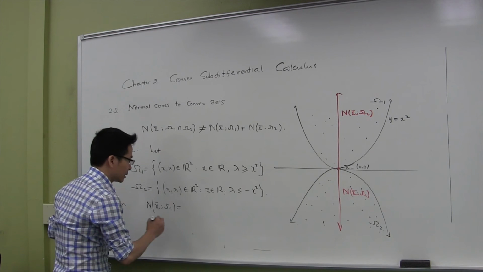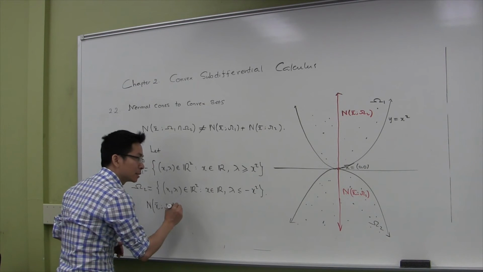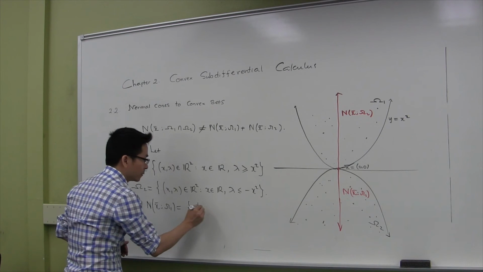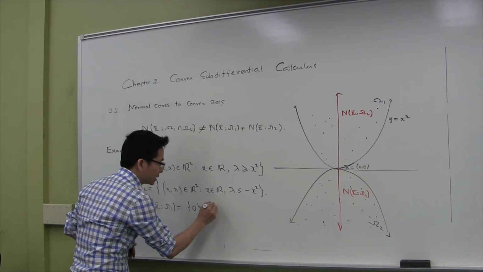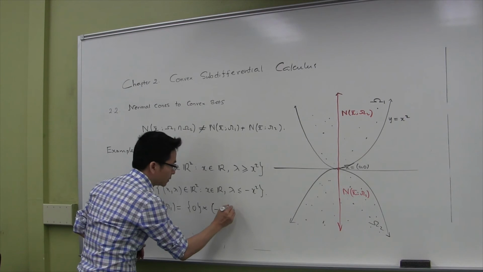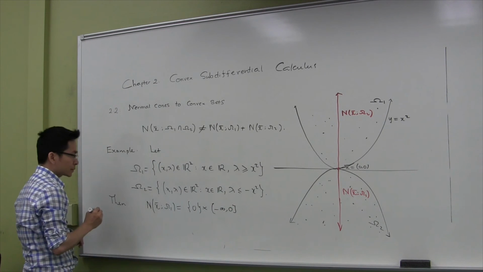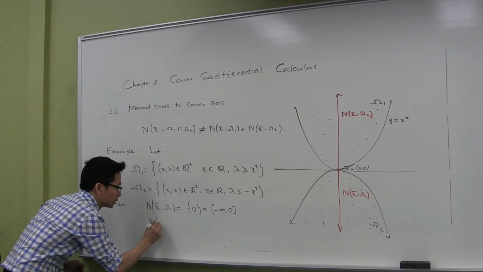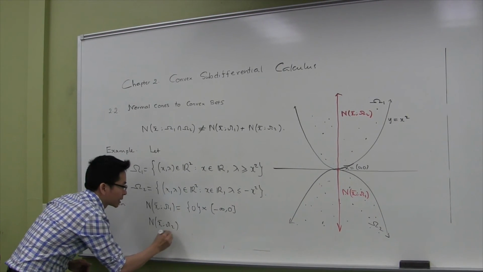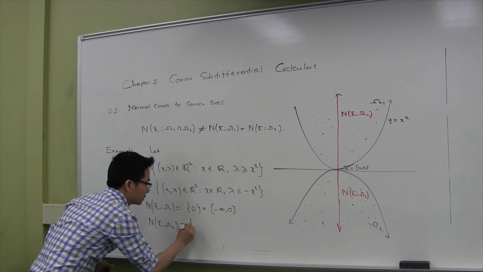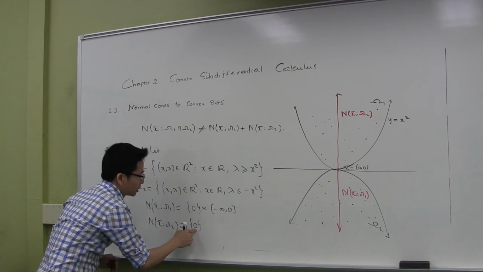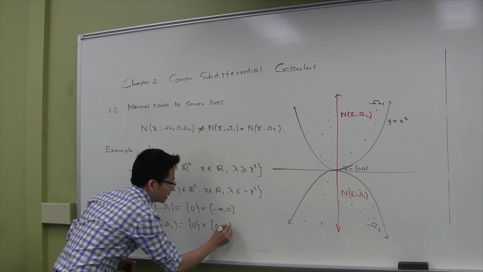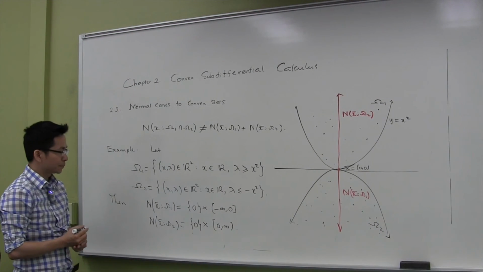So it is the following set: the Cartesian product of 0 and the interval minus infinity to 0. Okay, and similarly, the normal cone to the set omega 2 at x bar is the Cartesian product of 0 and 0 to infinity.